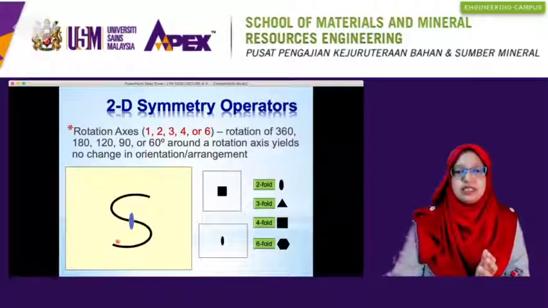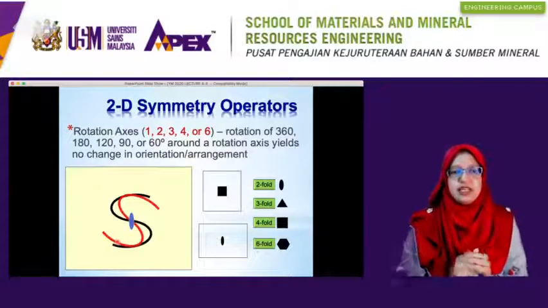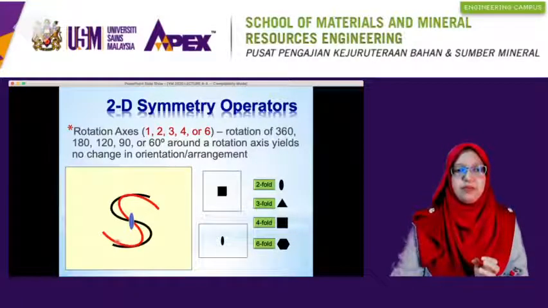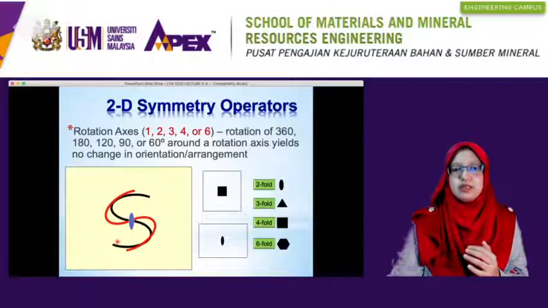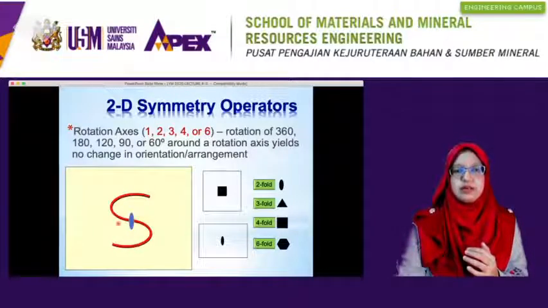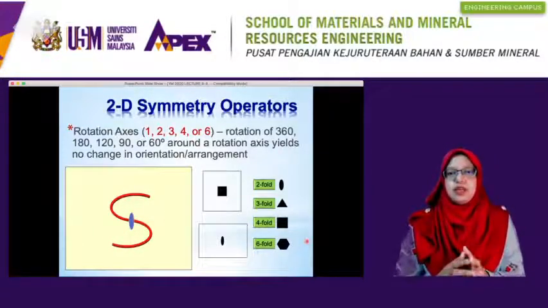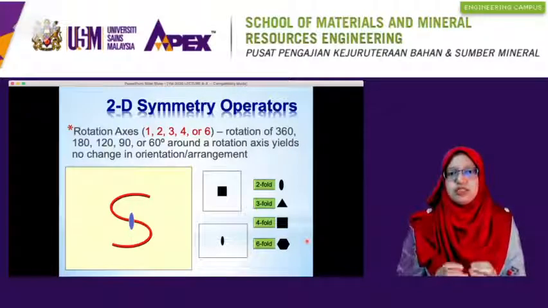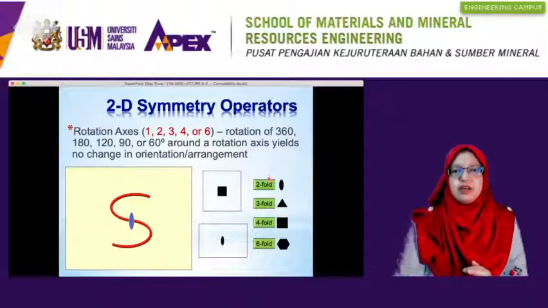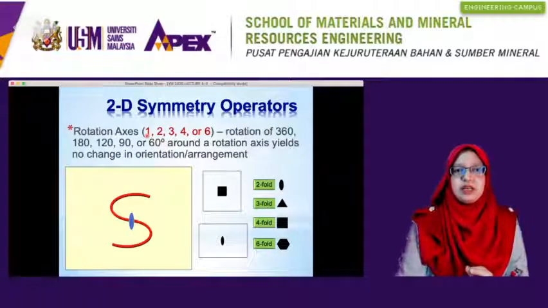Let's look at this figure. You can see it is rotating at certain angles on a vertex or the point. Here is the point. In rotation, it is really important to note that each of these angles of rotation will give you different symbols.